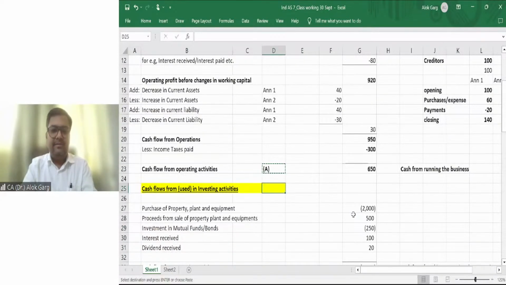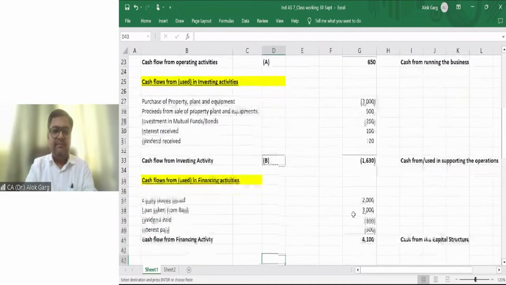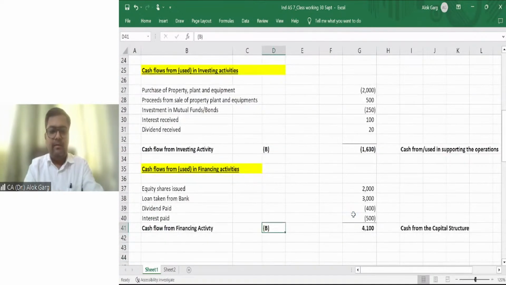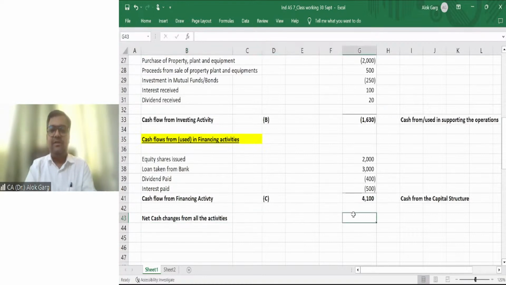So now, friends, when I put together all these activities, I wrote A here. I'll write this cash flow from investing activity as B here, A, B, and I'll write C here. Net cash changes from all the activities, right? What is your net cash changes?